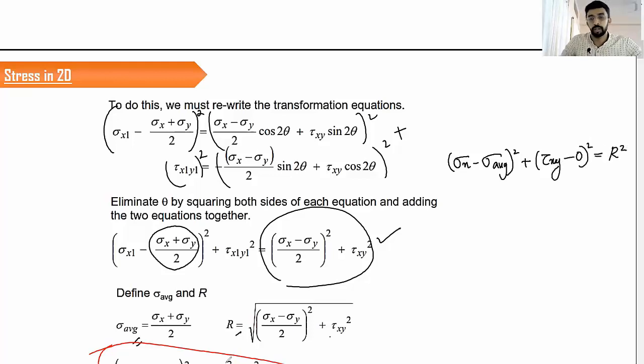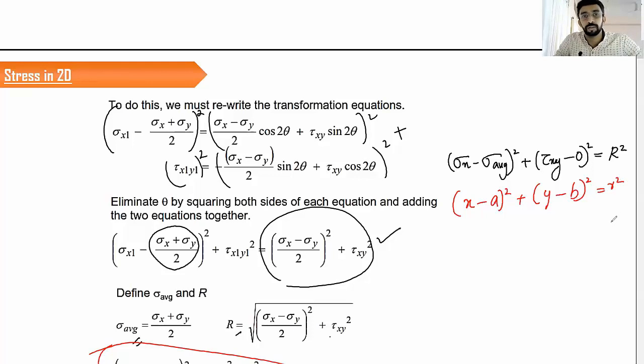I have introduced a 0 here. It doesn't change anything. And if I compare this equation with the equation of a circle, I hope you all remember the Cartesian equation of a circle, which is x minus a the whole square plus y minus b the whole square is equal to r square.